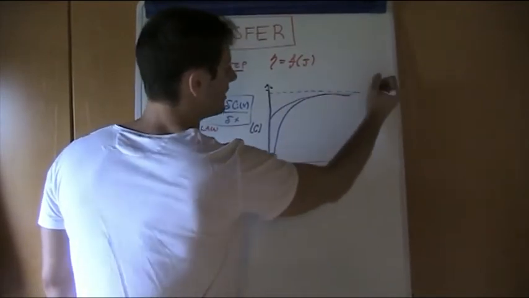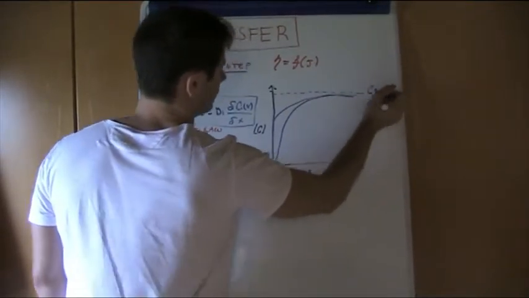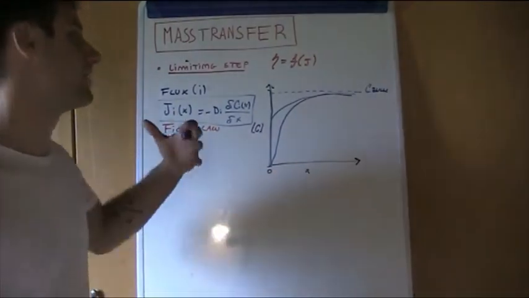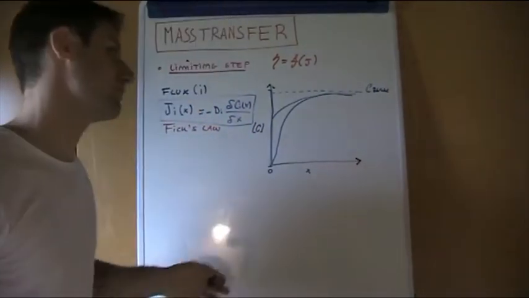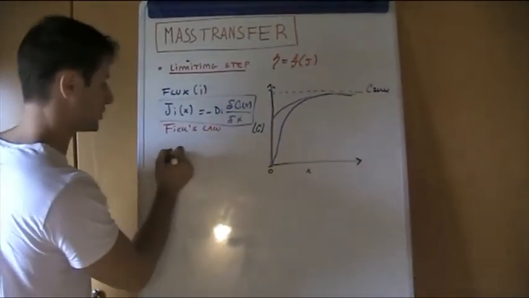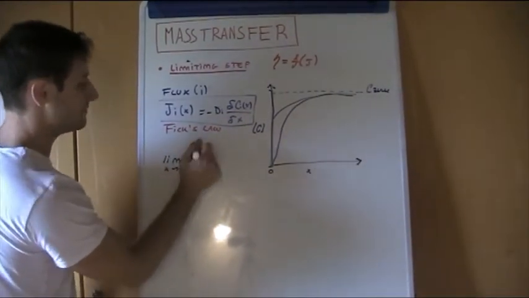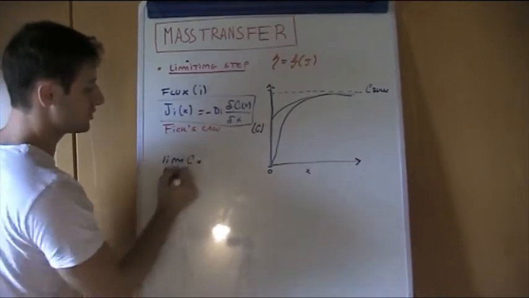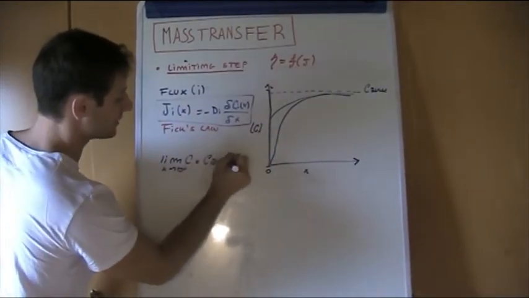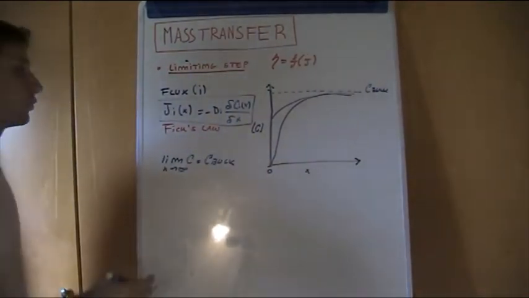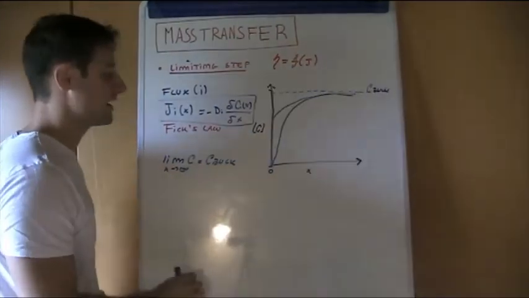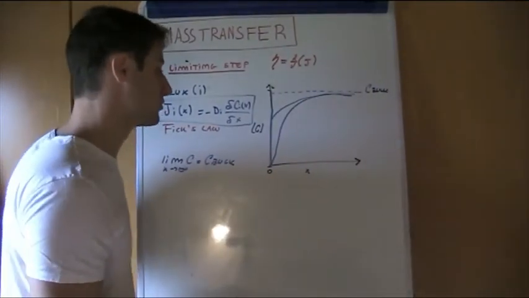This represents the bulk concentration, the maximum one, which from a theoretical point of view is achievable only when we are approaching a distance that is going to infinity. So the limit of the concentration for a distance going to infinity is the bulk. Whereas when we are close to the electrode, we have the minimum concentration.